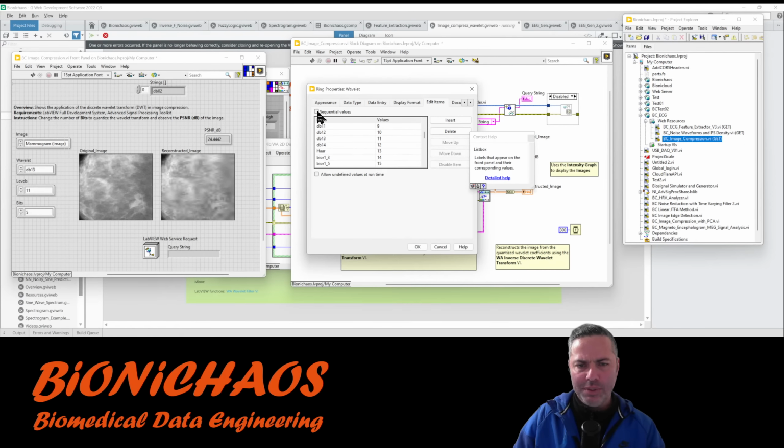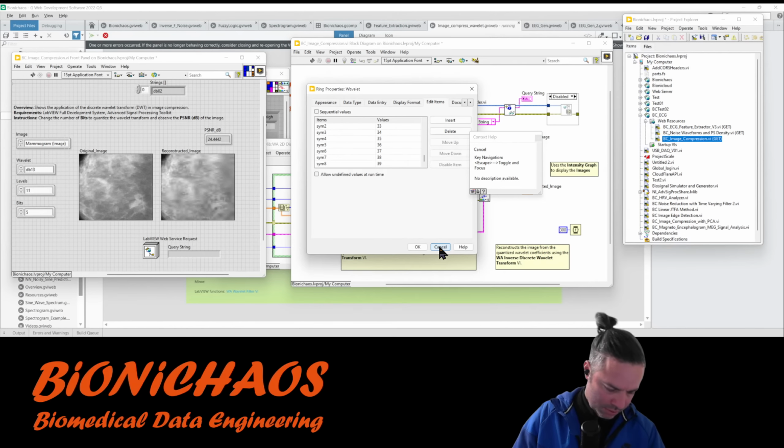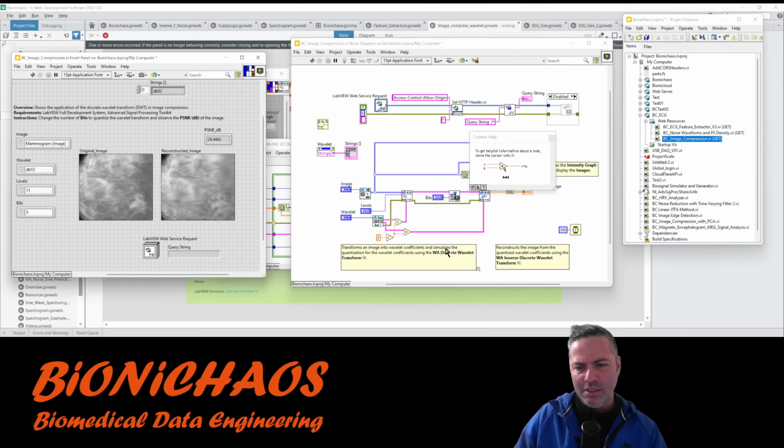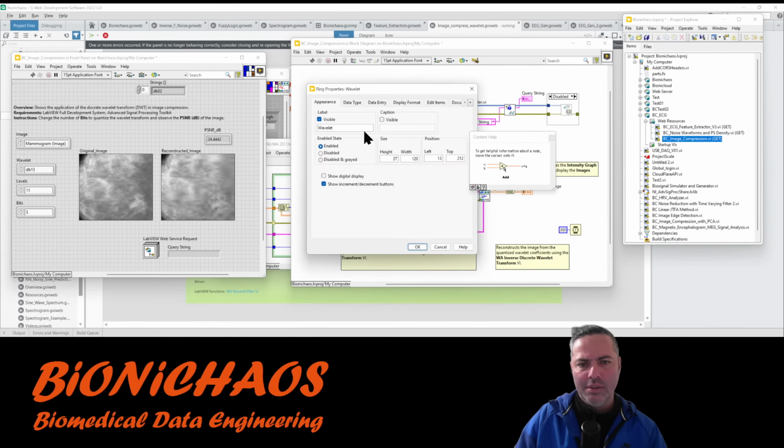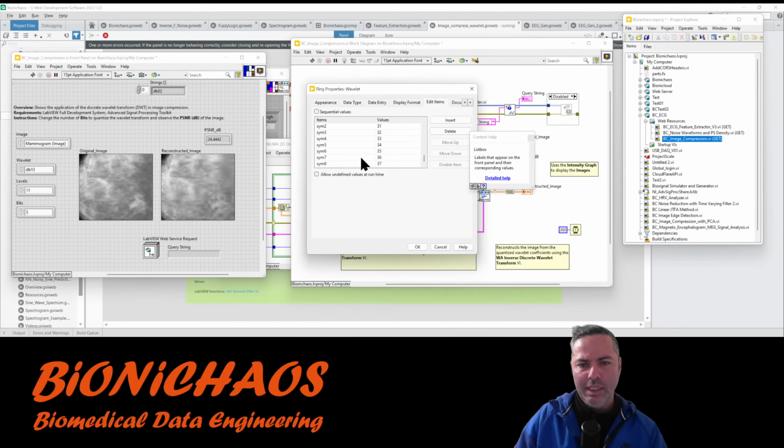Values are not sequential. Midnight was 37. Yeah, it's 37.